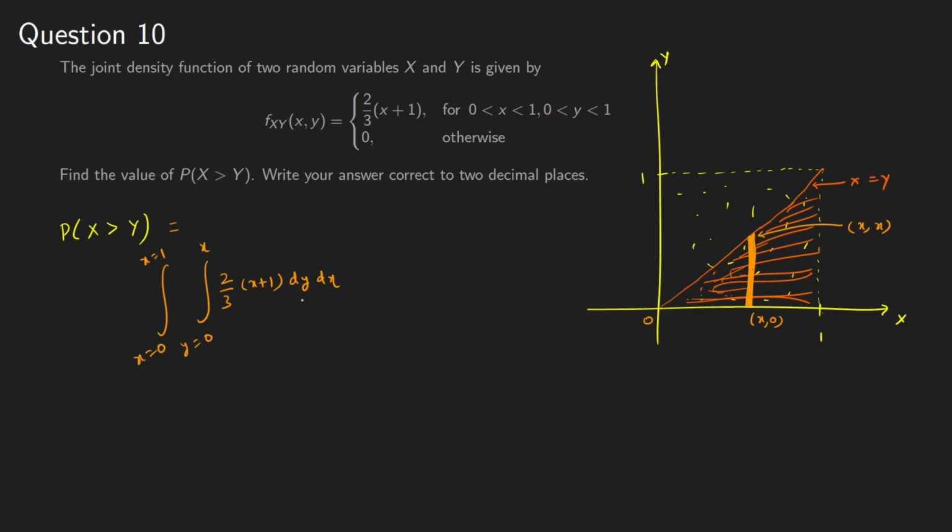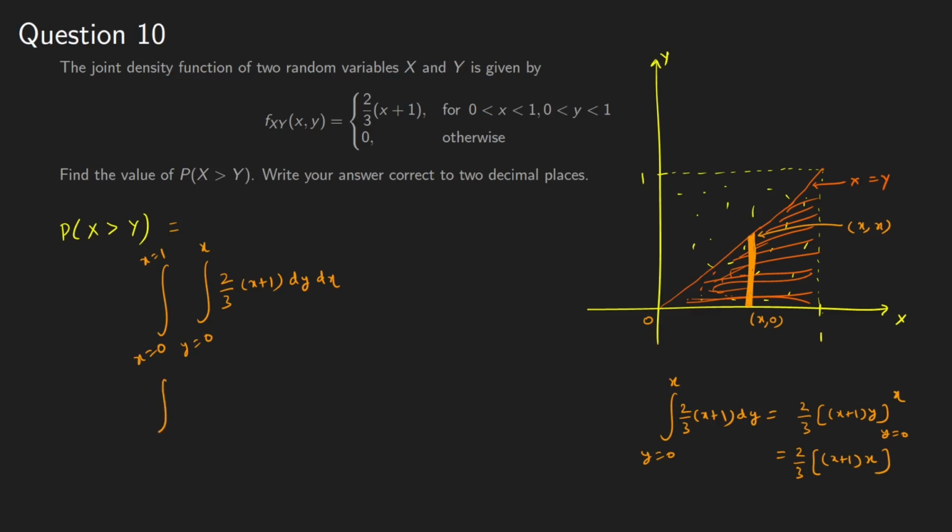So let's do this inner integration separately so that it's easy. So x plus 1, y goes from 0 to x, dy. So it will be 2 by 3 times x plus 1, integrating with respect to y, times y goes from 0 to x. So it will be x plus 1 times x.